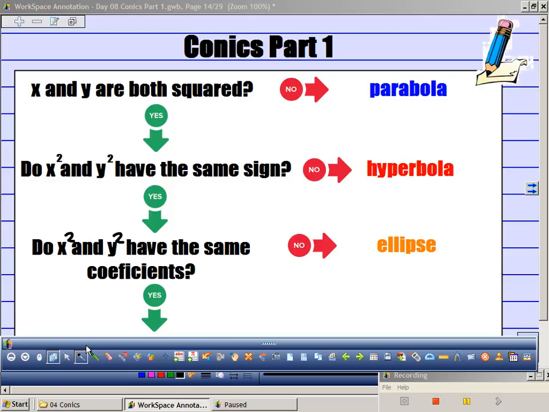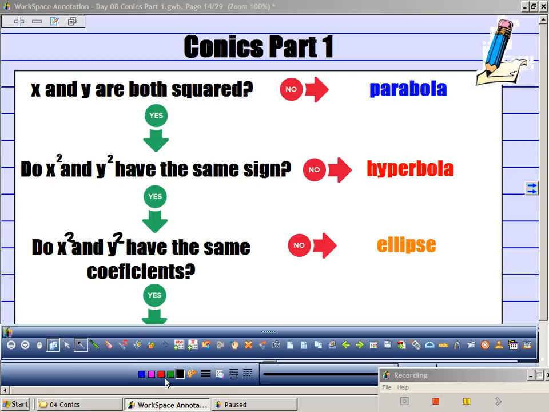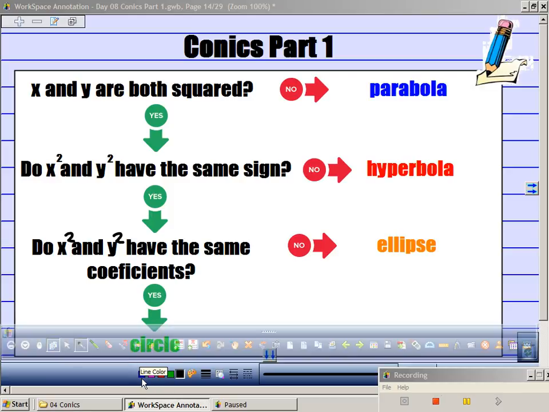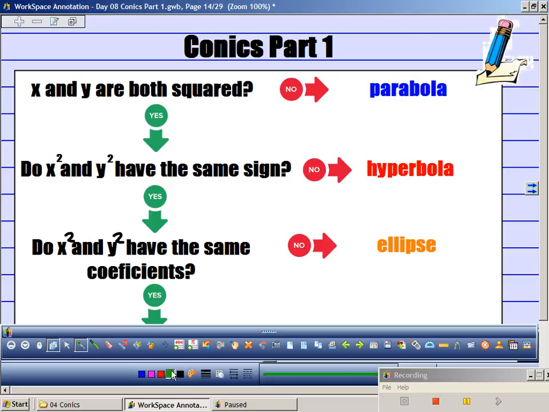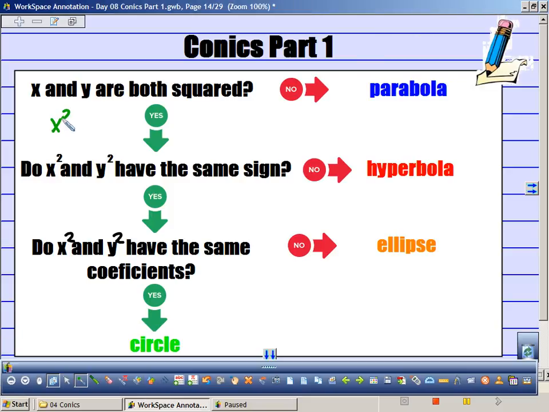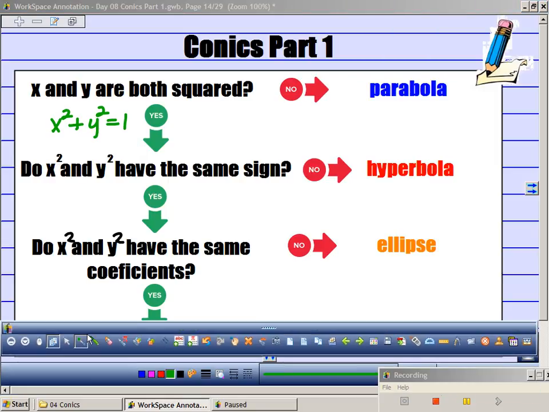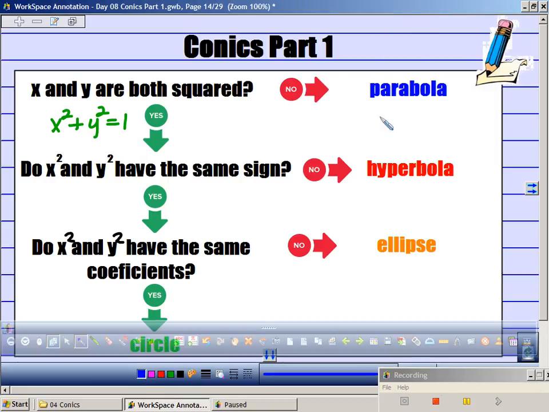So Lucas still wants the examples. So we're going to say, if they're both squared, that's a yes. We'll do the green. X squared plus y squared equals 1. If they're not, it would be a no. How about like this?